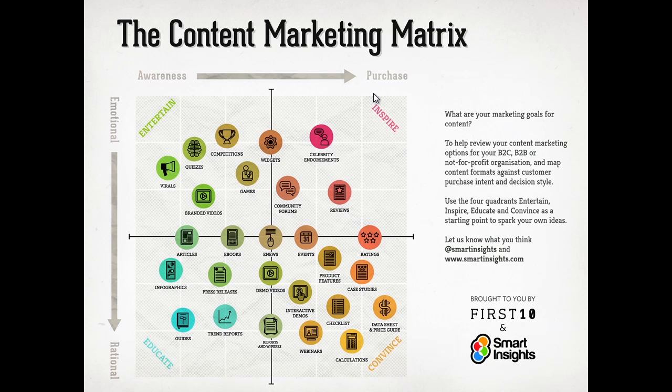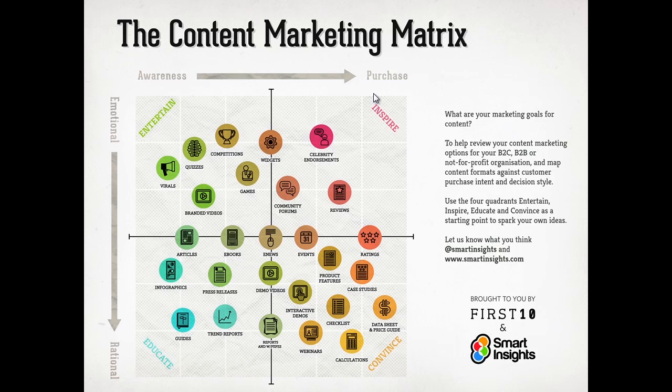If you read this from left to right, it's really the purchase process from where someone first gets to know about your brand through to purchase, and you need different sorts of content for that case. Now, depending on the brand, you're going to have more emotional or more rational content that will work.